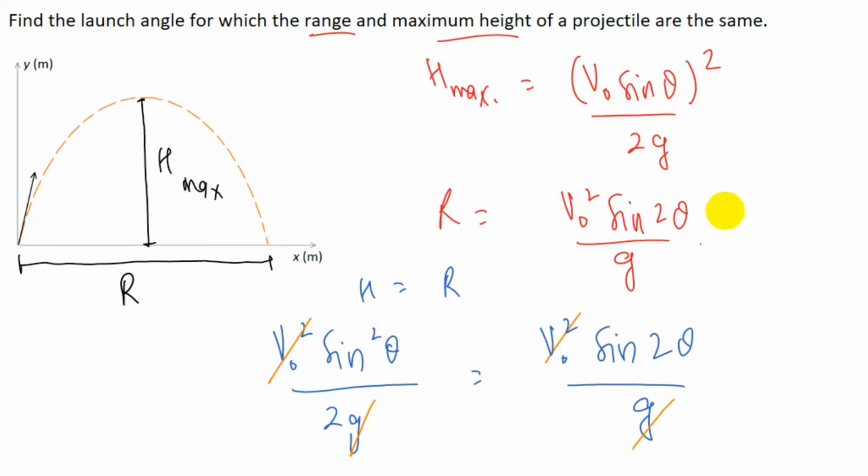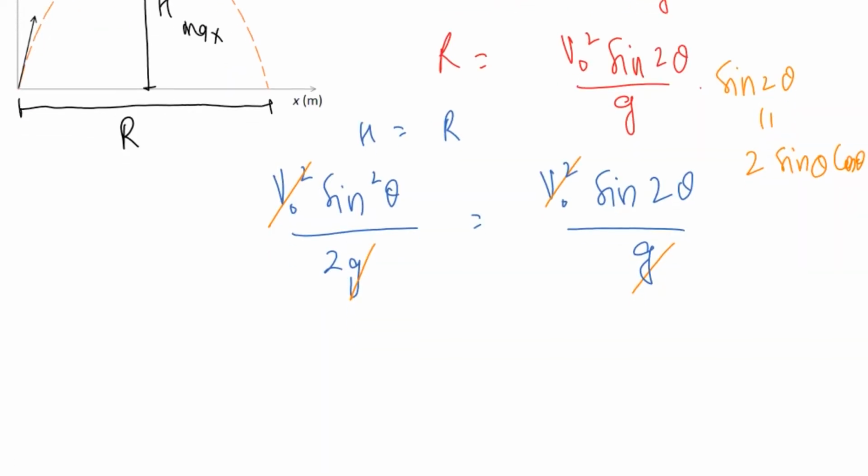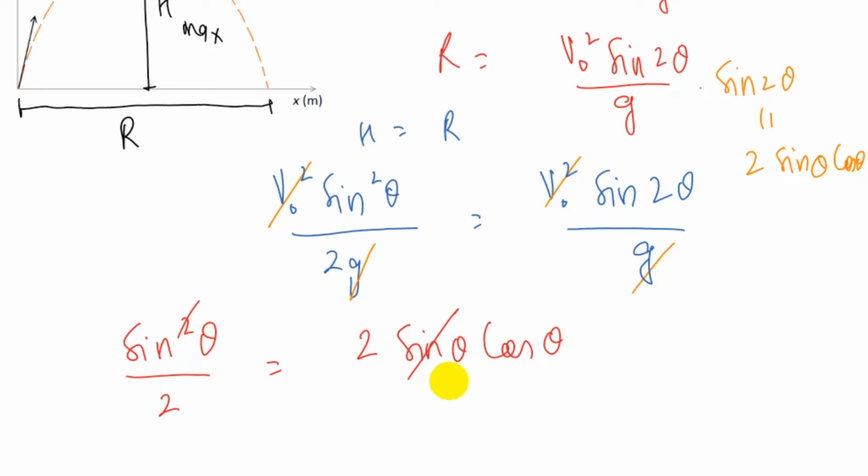Further we can write that sine 2 theta is equal to 2 sine theta cosine theta. We can use this trigonometric formula. So this would become sine square theta divided by 2 is equal to 2 sine theta cosine theta. Now from here, this sine theta and this sine theta will cancel, right?